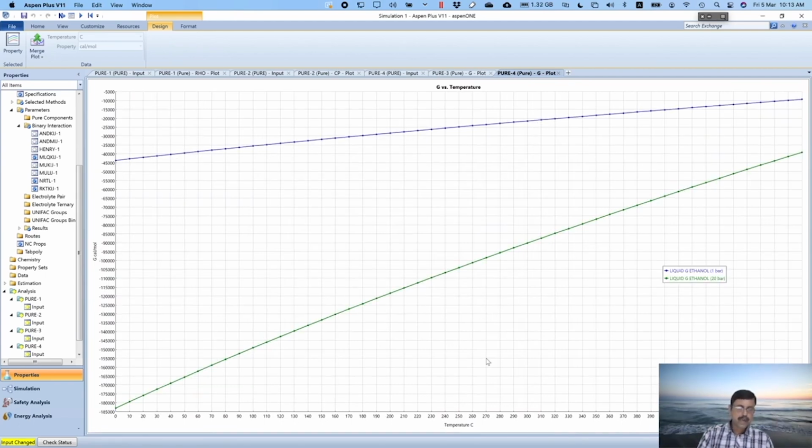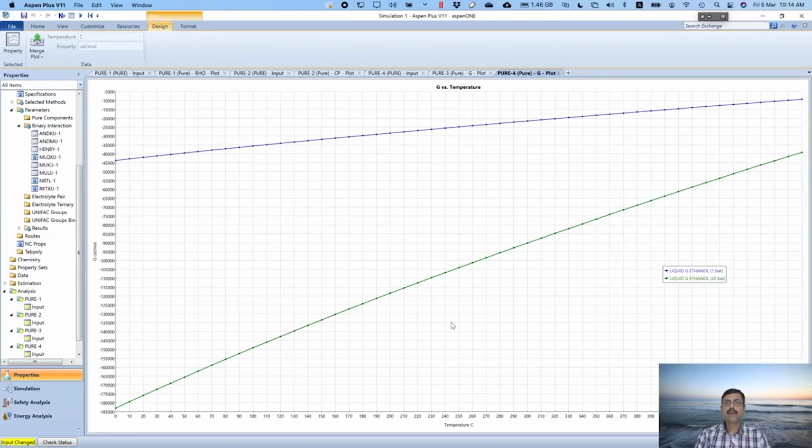So we have single axis, and you can see at any particular temperature, say 250 degrees centigrade, the Gibbs free energy of ethanol at 20 bar is minus 105,000 calories per mole. So you can change the unit also. Instead of calories per mole, you can use joules per kilomole or something like that. Anyway, so this curve is higher than this one. So this is the type of analysis that you can do.